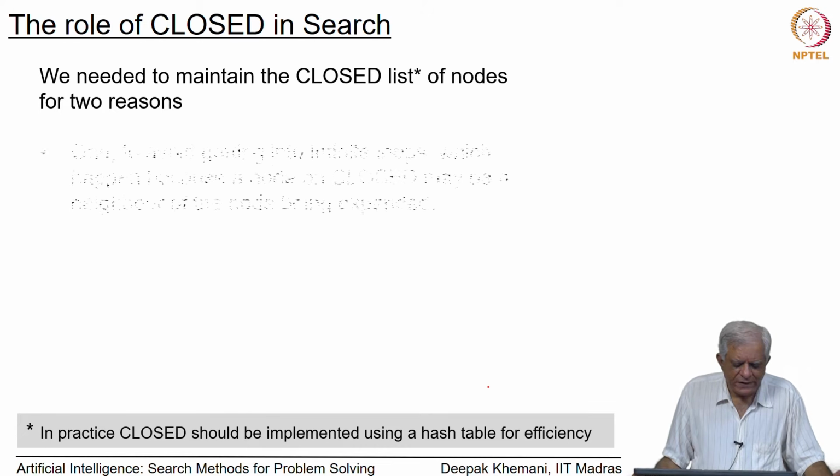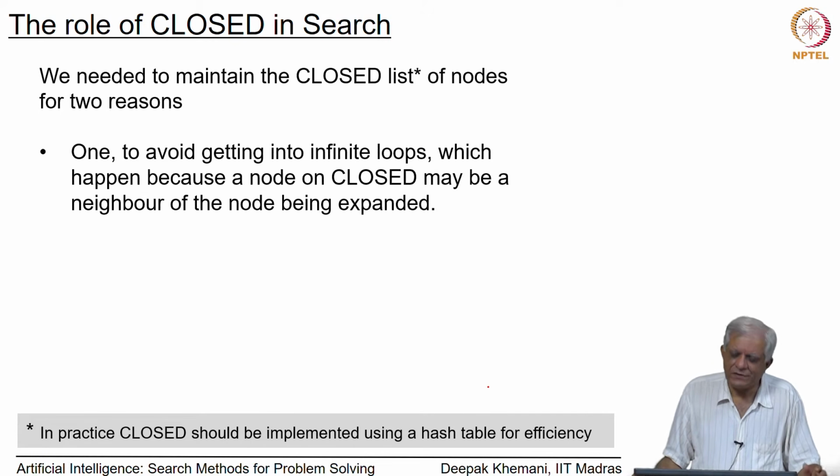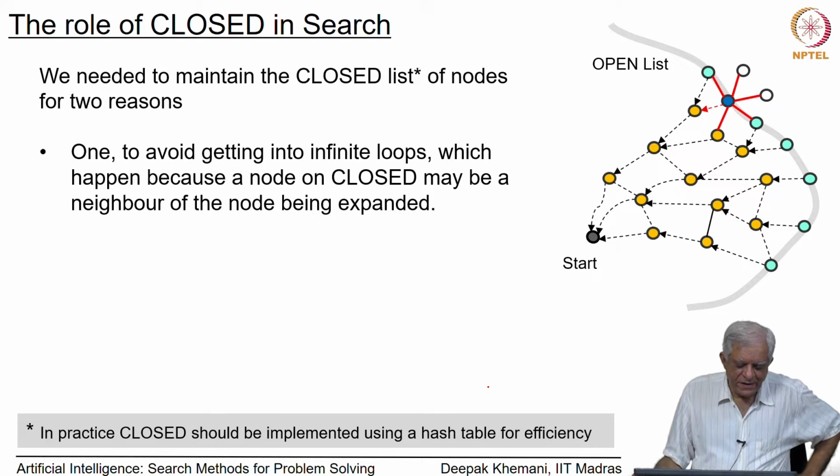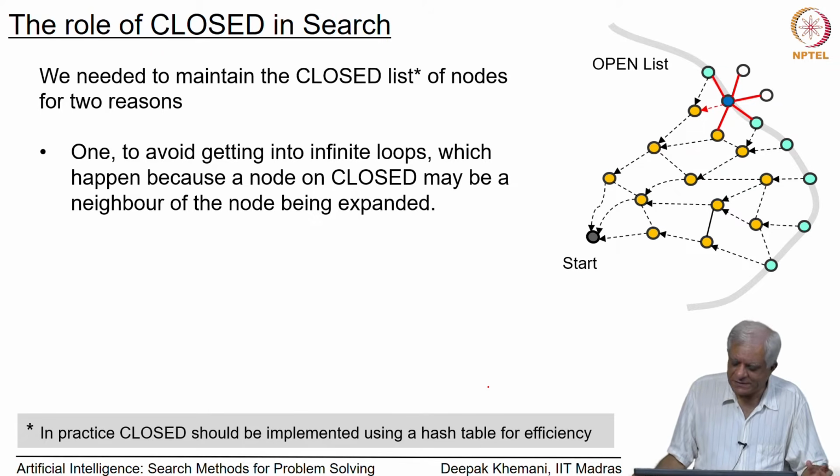So, one reason why we needed to keep closed was to avoid getting into infinite loops, and infinite loops happen because a node which is on closed may be a neighbor of a node being expanded.